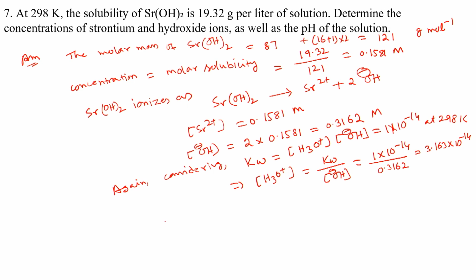So the pH, again pH is minus log 10 base concentration of H3O plus. So minus log 10 base 3.163 times 10 to the minus 14.